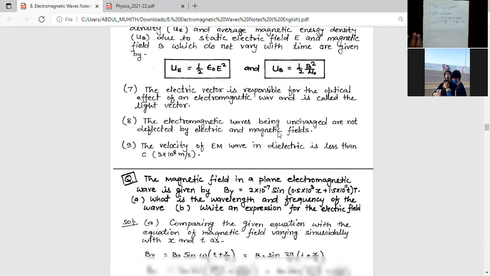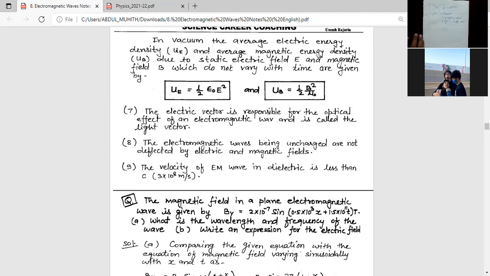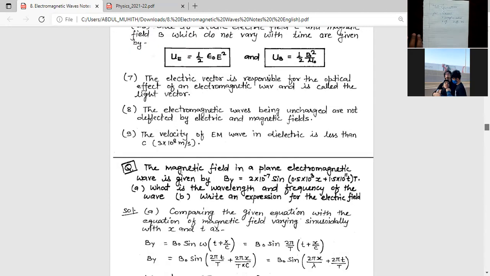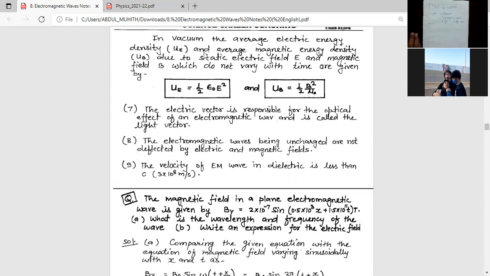Now come to the next point. In vacuum, the average electric energy density and average magnetic energy density, due to static electric and magnetic fields which do not vary with time, are given by this formula.